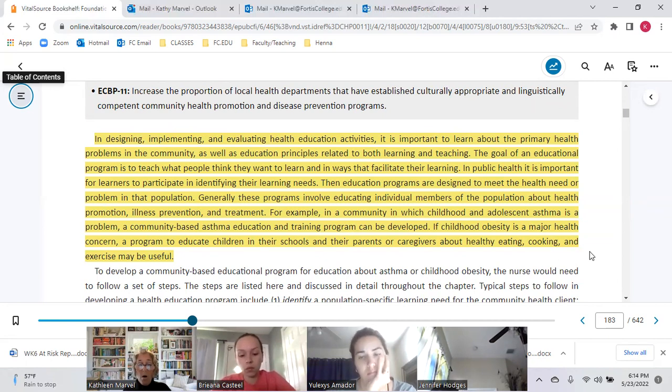Right? We always want to have learners participating and identifying what their needs are. Okay. We develop education programs to meet the needs of the population we've identified. The most important thing, the number one priority, is that we always have to identify first the population that needs to be educated, right? You can't come up with an education program if you don't know the population that we're dealing with.